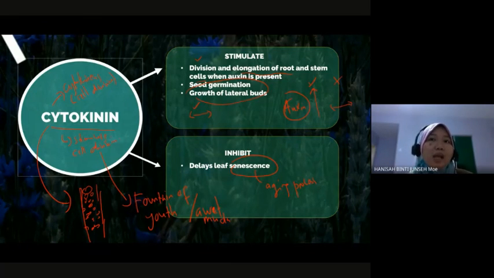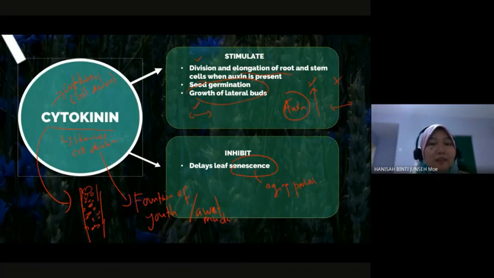So when cell division keeps happening, the plants will keep elongating. So it will keep growing. That is the idea of awet muda, fountain of youth, kekal muda. And logically, in order to stay young, it will delay senescence. Leaf senescence. Senescence is the aging process. So it keeps growing so that it will delay leaf senescence.